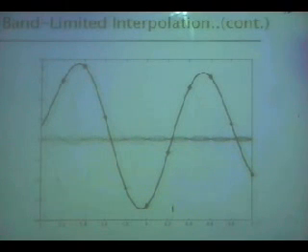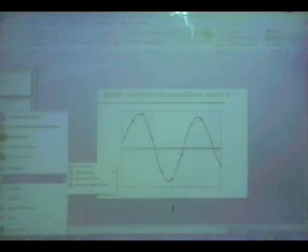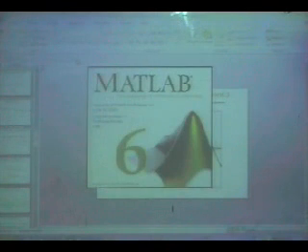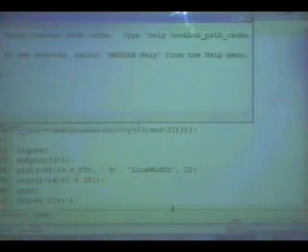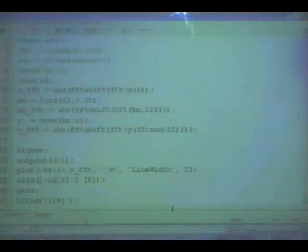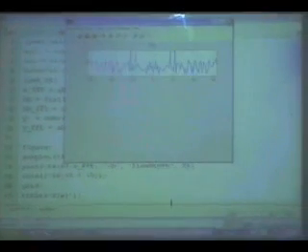Okay, let me show you a MATLAB simulation for this as well, for you to understand it.